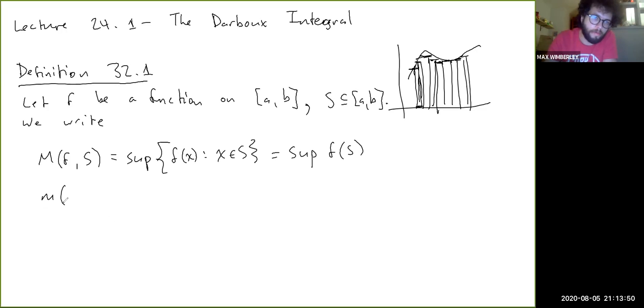And then little m of f and S is the infimum of f(S).